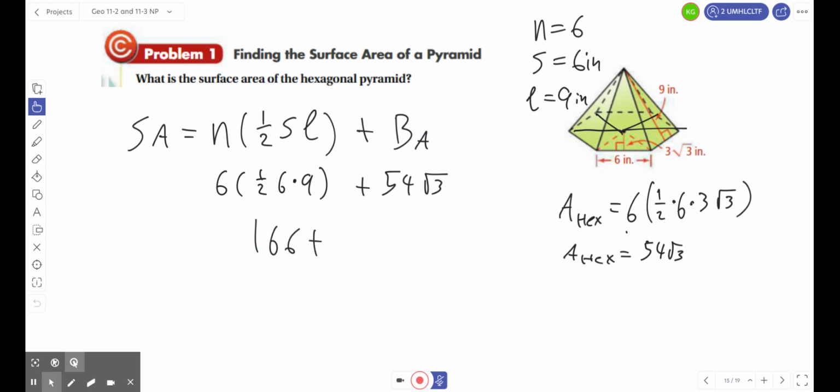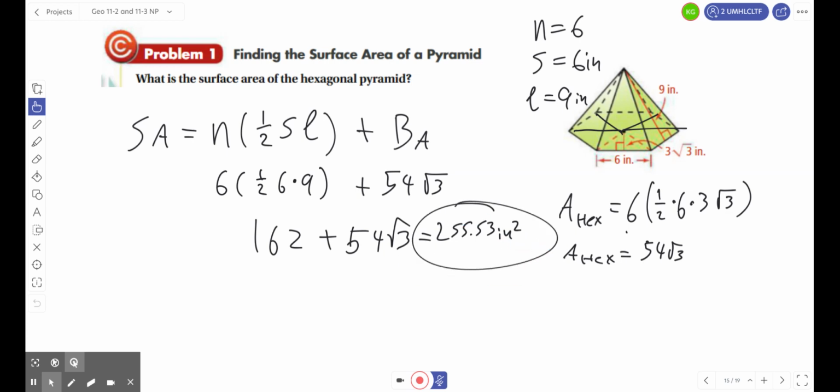So 162 plus 54 root 3 equals 255.53. I didn't write units. Inches squared. All right. So that's how you do it. It's really just finding the area of a bunch of triangles, figuring out how many of those triangles there are.